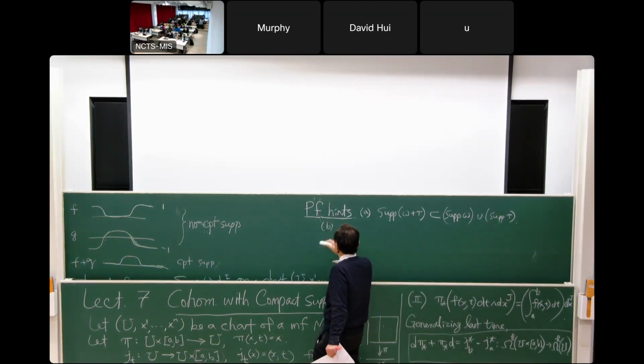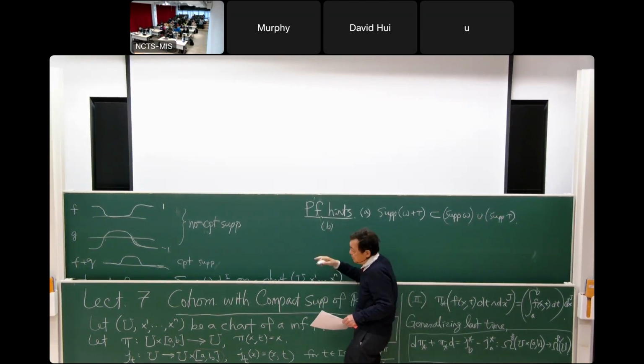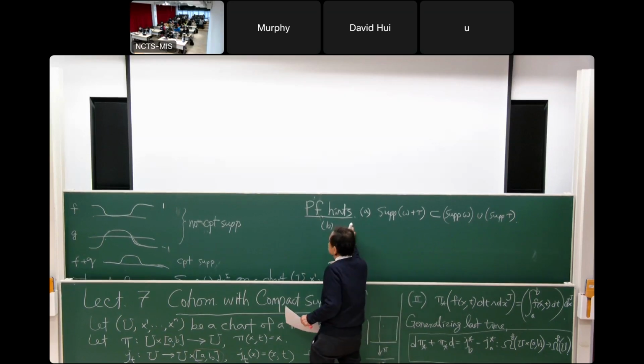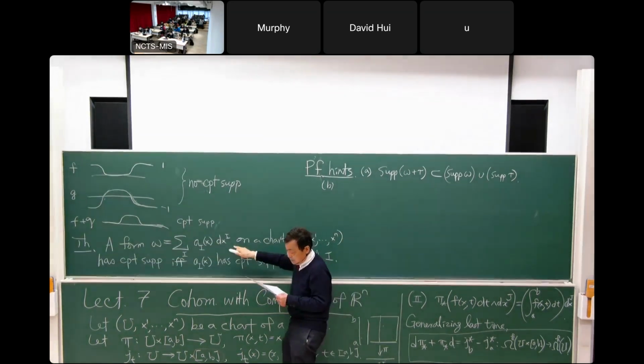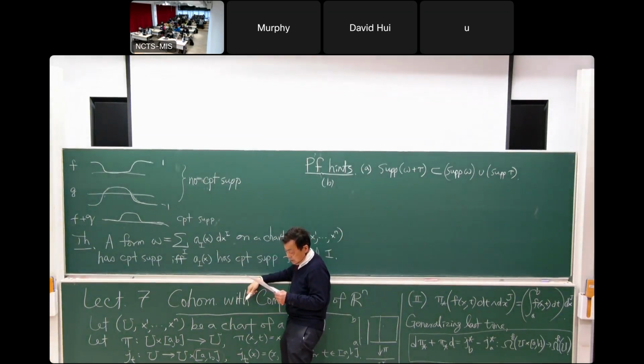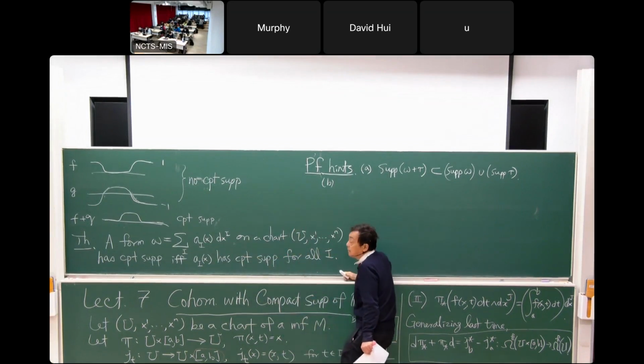And then what's special about this particular linear combination is that the terms are linearly independent.